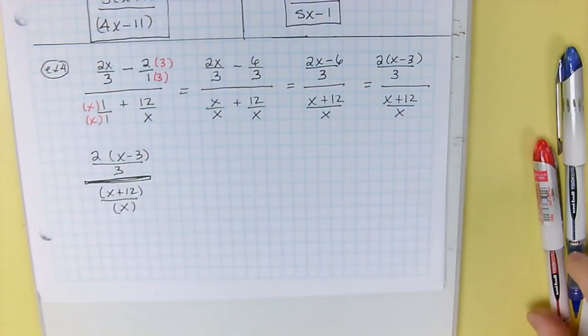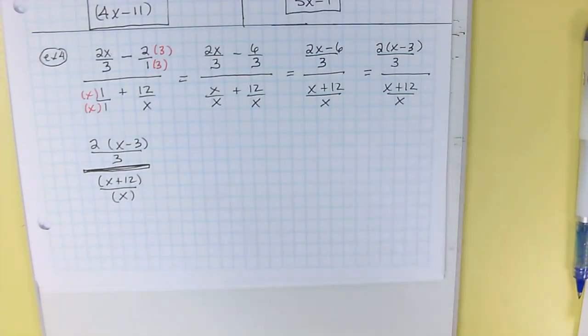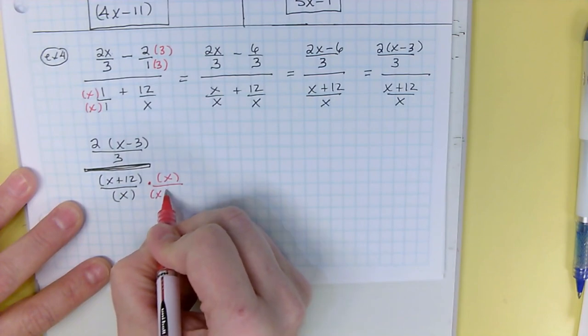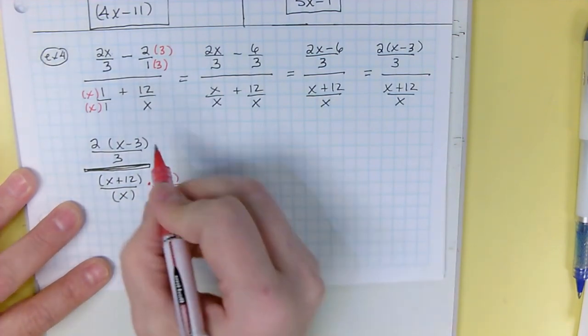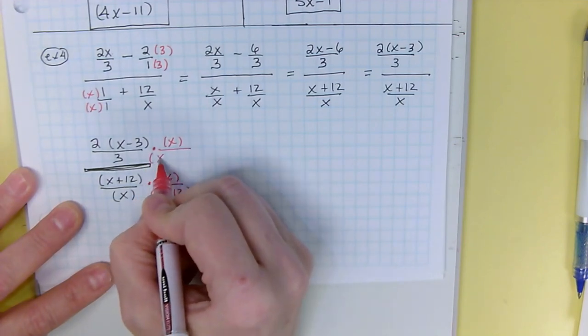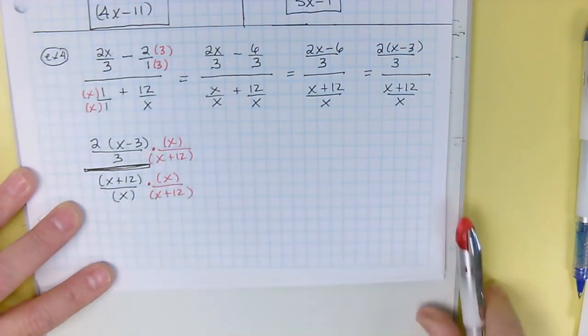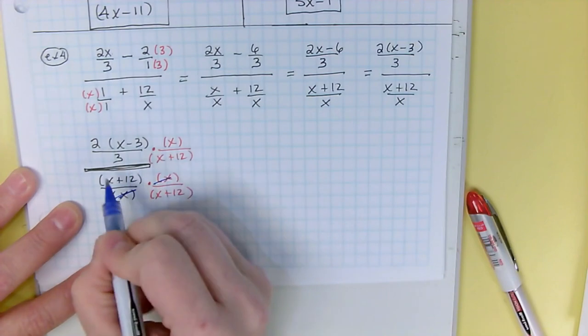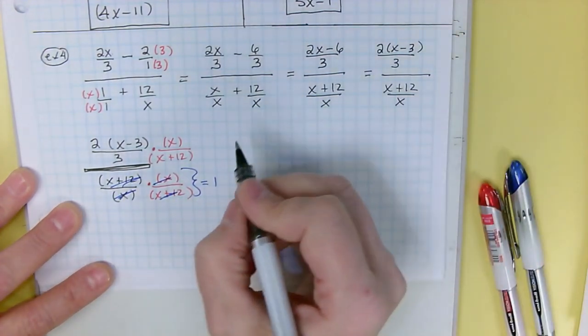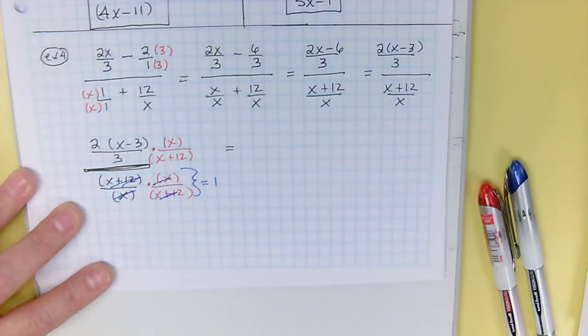Okay, so we're ready for the elimination step. We're going to multiply the bottom by its reciprocal, so times x over x plus 12. And we're going to multiply the top one by the same thing, x over x plus 12. The bottom all divides to 1. And so all we have left is the top.